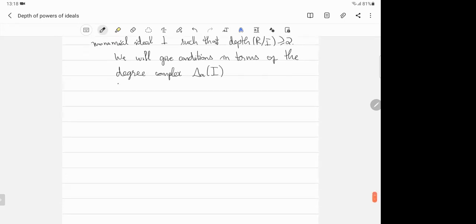Recall from last time that for this you have the notion of the negative support. Yeah? A here is a vector in Z to the D, sorry.